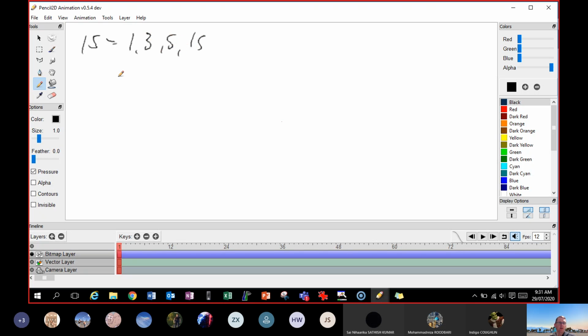So why can't it be 4? Because you'd need to multiply 4 by what? 4, 8, 12, so it would be 3 and 3/4, because 3/4 of 4 would be 3, so 4 times 3 and 3/4 would give you 15.